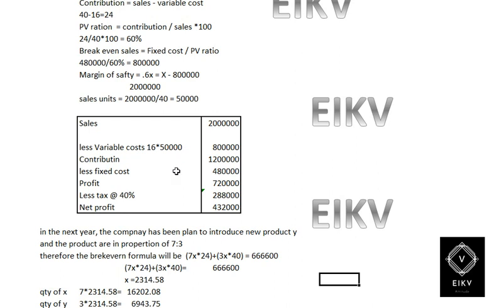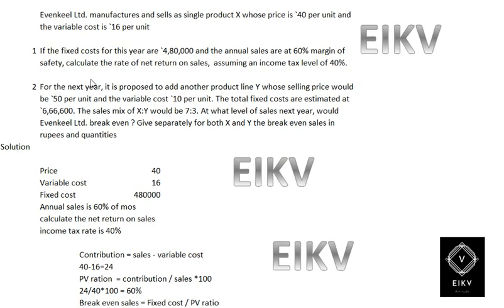Contribution will be 12 lakh, and then we deduct the fixed cost to get the profit of rupees 7,20,000. Then the tax adjustment shall be made. The tax is 40%. The profit of 7,20,000 into 40% will give you 2,88,000. After deducting the tax, you will get the net profit as 4,32,000.